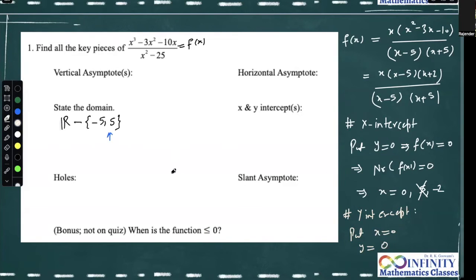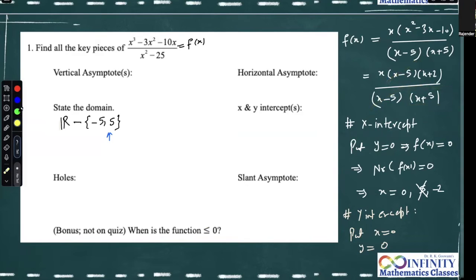Now let us talk about the vertical asymptote and horizontal asymptote. I told you if you look at the denominator, most of the time the points where the denominator is 0 are going to be vertical asymptotes in the case of a rational function. But yes, there is a factor which may be cancelled out. So that means the only term which is going to be a vertical asymptote is this term.